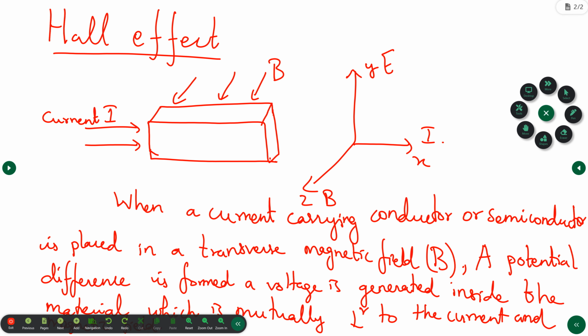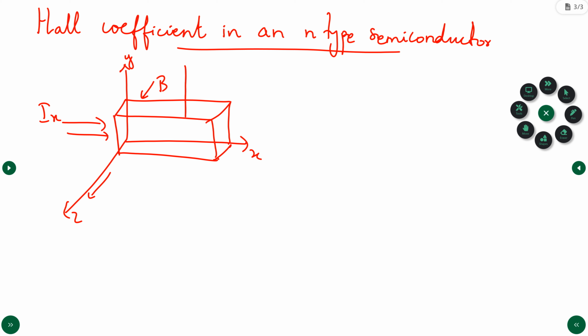So this is current in x direction, so Ix, and here the magnetic field in the z direction, and the voltage generated inside can be measured with the help of a voltmeter.